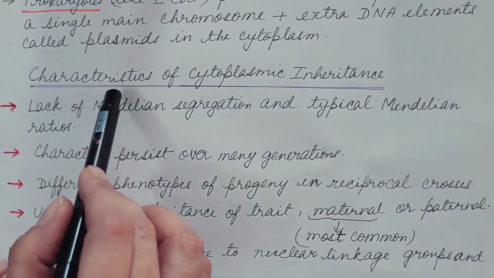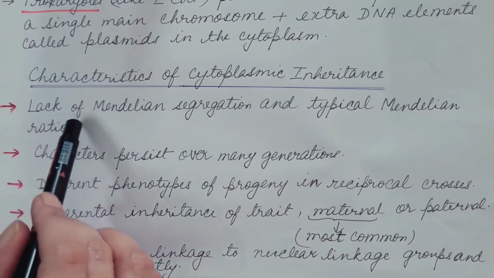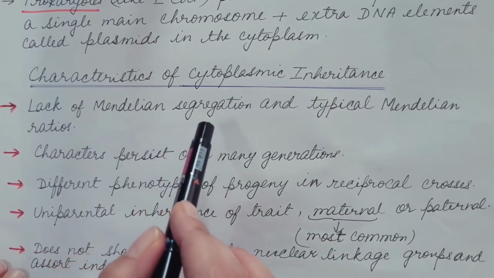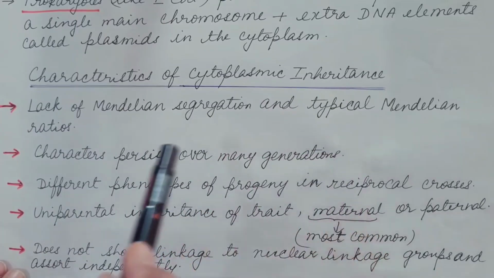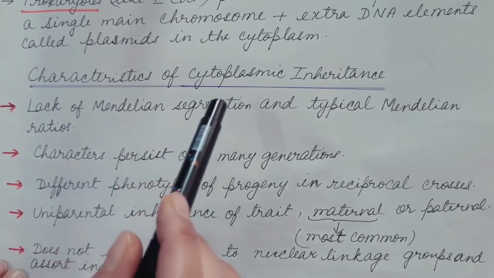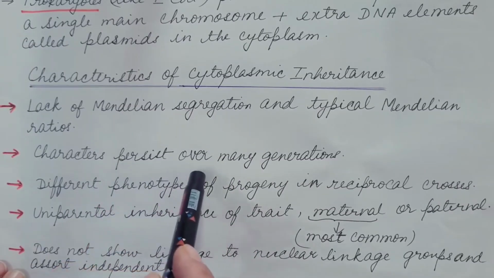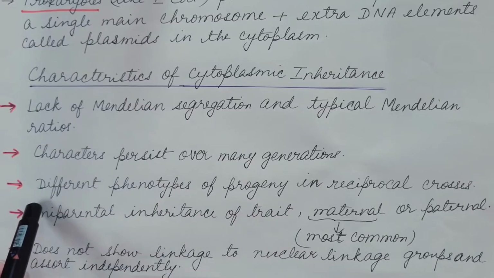So, now let us talk about the characteristics of cytoplasmic inheritance. Cytoplasmic inheritance lacks Mendelian segregation and typical Mendelian ratios. Characters that are inherited by cytoplasmic genes persist over many generations.